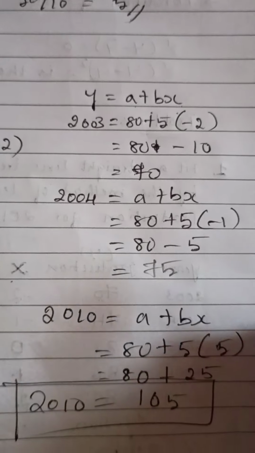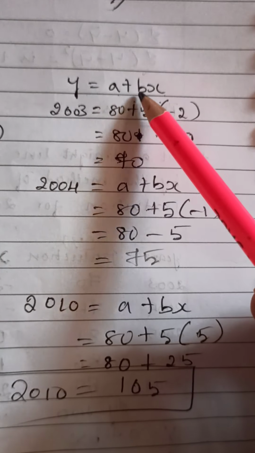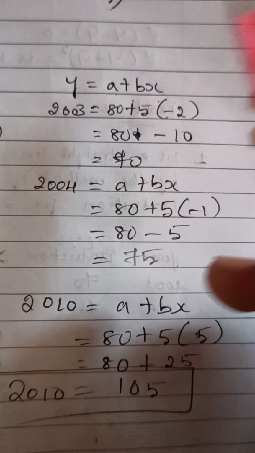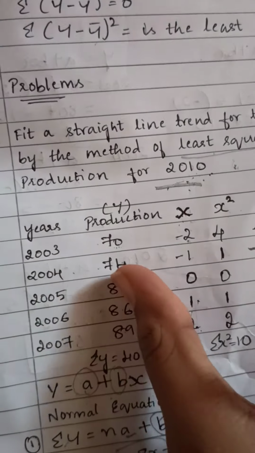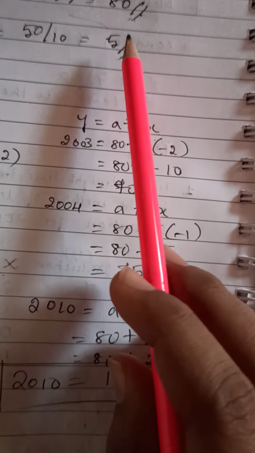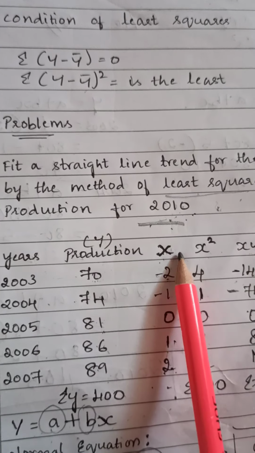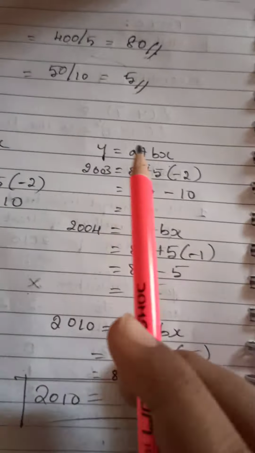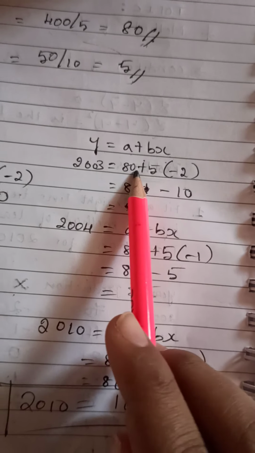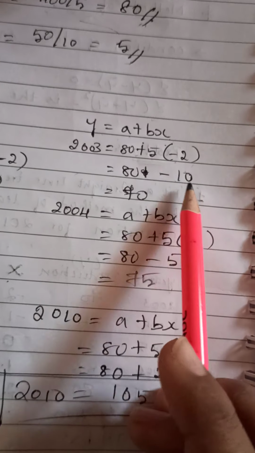Now you can find the trend value by the equation y equals a plus bx. For the first year, 2003, a is 80, b is 5, and the x value for 2003 is minus 2. So 80 plus 5 into minus 2, that is minus 10, so 80 minus 10 is 70.